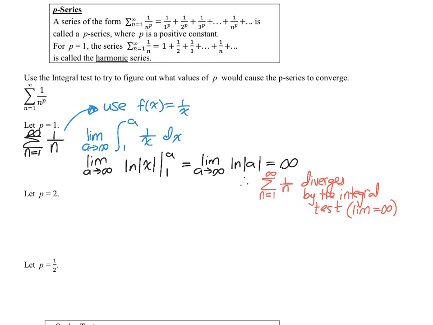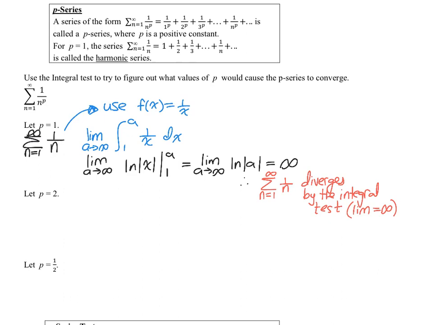All right, so let's see what else we can come up with. The general benchmarks are 1, 0, and all the intervals that go in between. So you would think negative numbers, and then between 0 and 1, and then anything more than 1. So those are good values to test. All right, so I'll do the same thing with p equals 2.